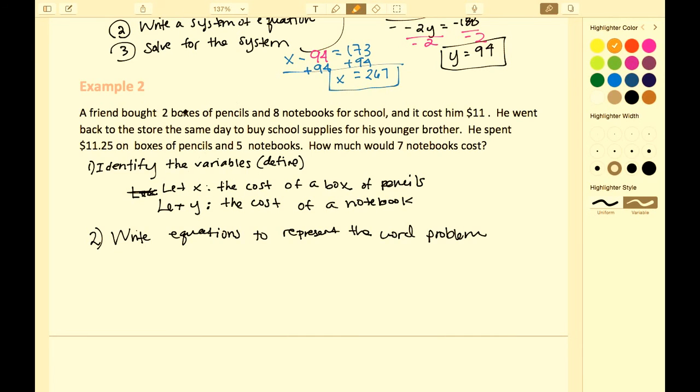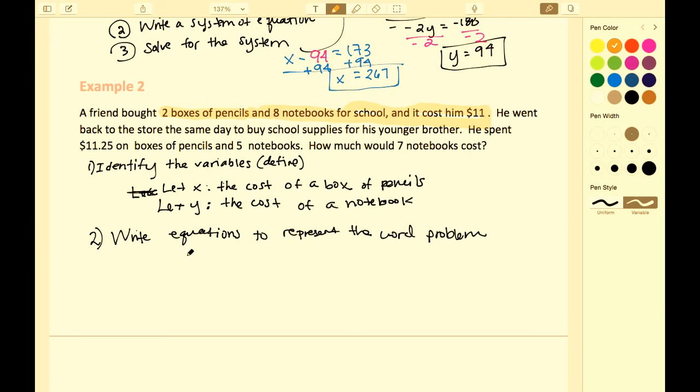Right here we have a friend bought 2 boxes of pencils and 8 notebooks for school, and it cost him $11. For this particular problem, we know that x represents the cost of a box of pencils, and y is the cost of a notebook.